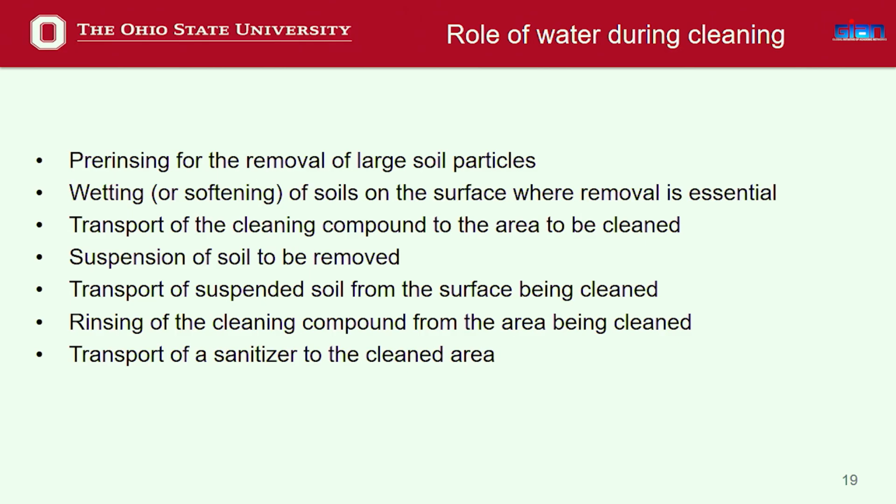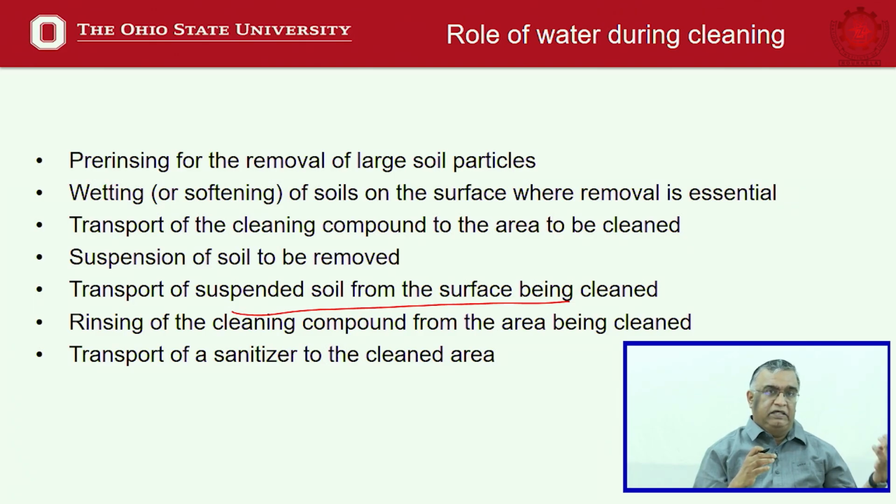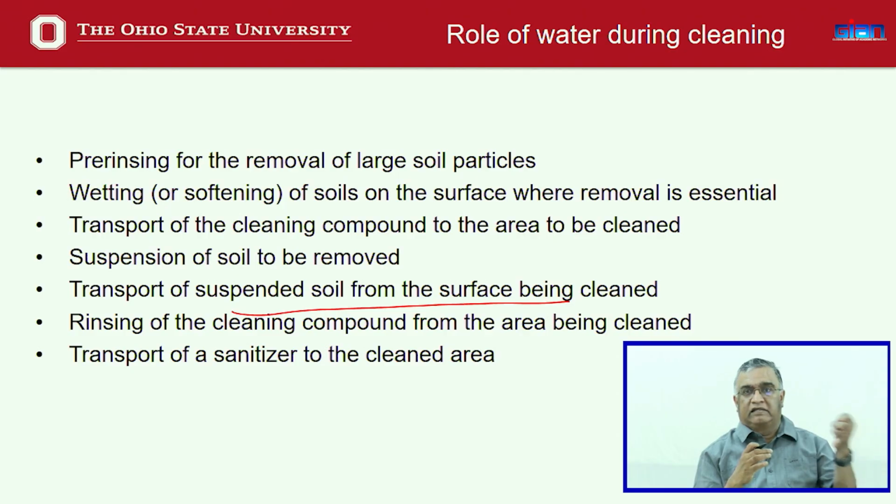Water is used very commonly, as we said earlier, as a pre-rinsing step, and it also transports the cleaning compound to the area to be cleaned, and then transports the suspended soil away from the surface. So, water functions in two ways. One, you have the cleaning agent, where you take that water and transport it to your CIP equipment.